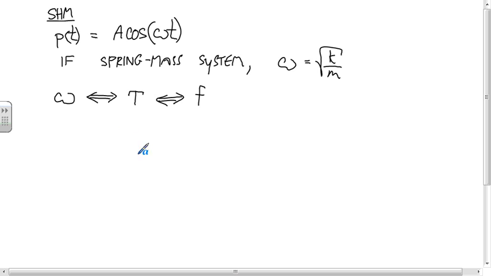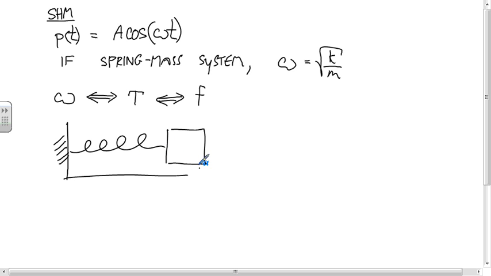So what's the fastest that an object can go? If you have a mass on a spring and it's vibrating back and forth, what's the fastest it can go?